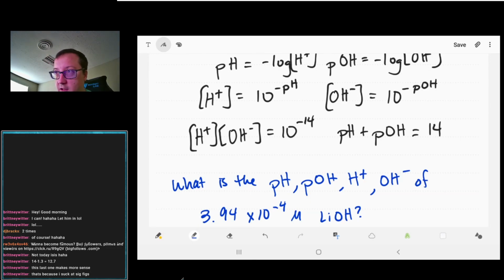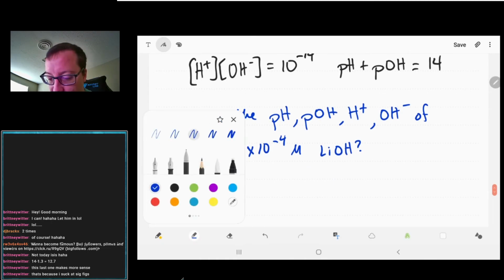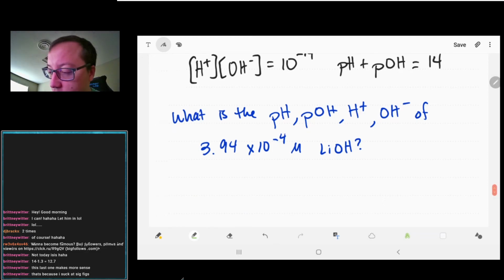So we can solve for these any way we want, but there is one that's easiest to do first, right? And that one in this case is going to be OH minus, because we have a substance that is a hydroxide where we know the hydroxide concentration right away.